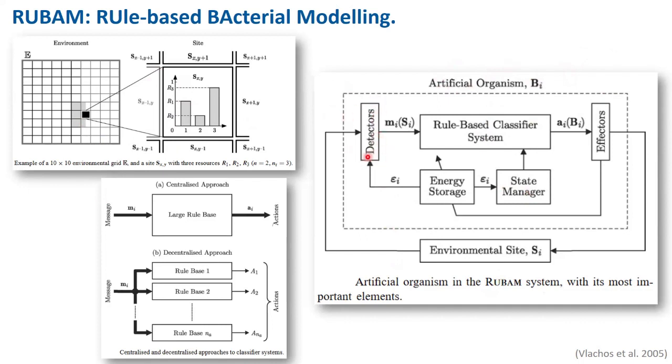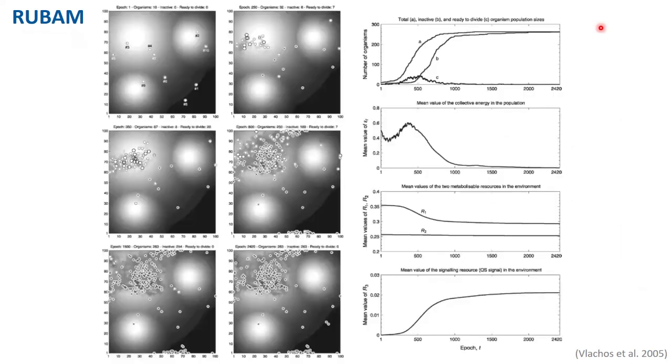So they have some detectors, which are the signals they can sense. And then they have a rule which depends on the outside environment and their internal state, and they make decisions, and then it feeds back to the environment. It's very simple, but you can make nice simulations.